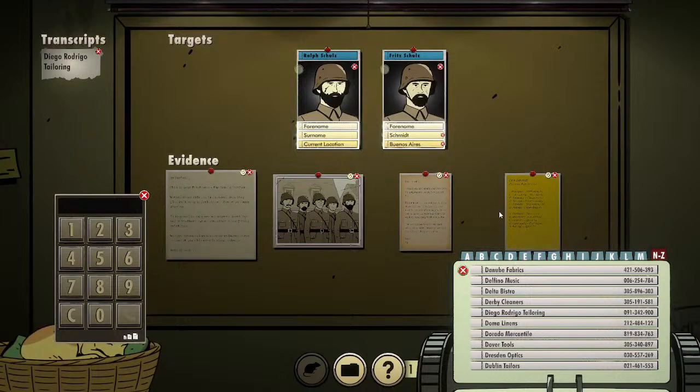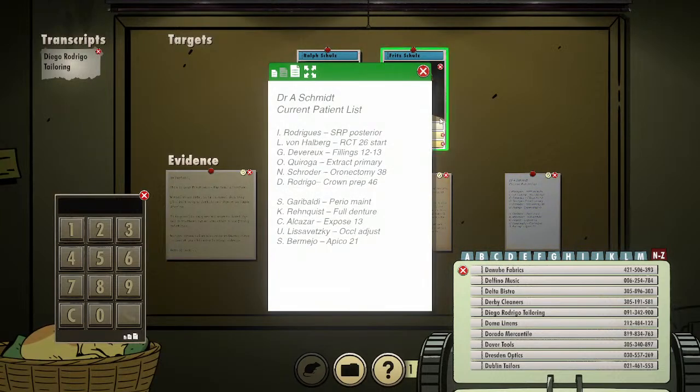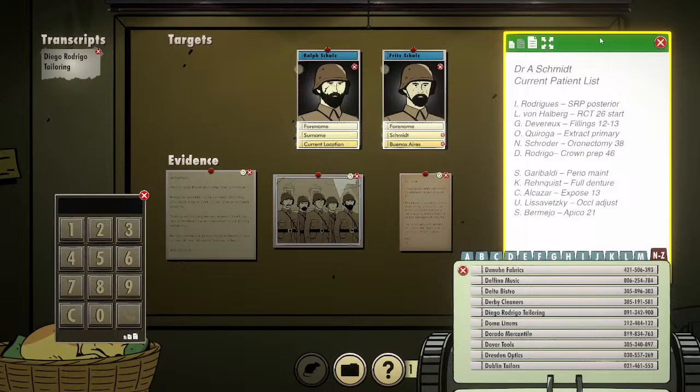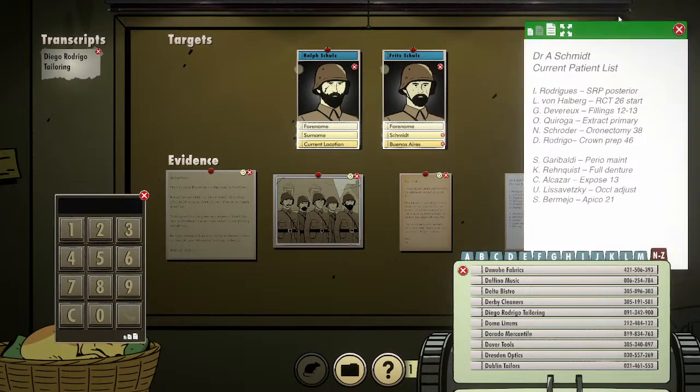Let's go back to the evidence, just make sure I have that right. Dr. A. Schmidt, okay. Is there something hidden here? Also, I feel like there's two different languages here. Perio-Maint. That's not English, is it?